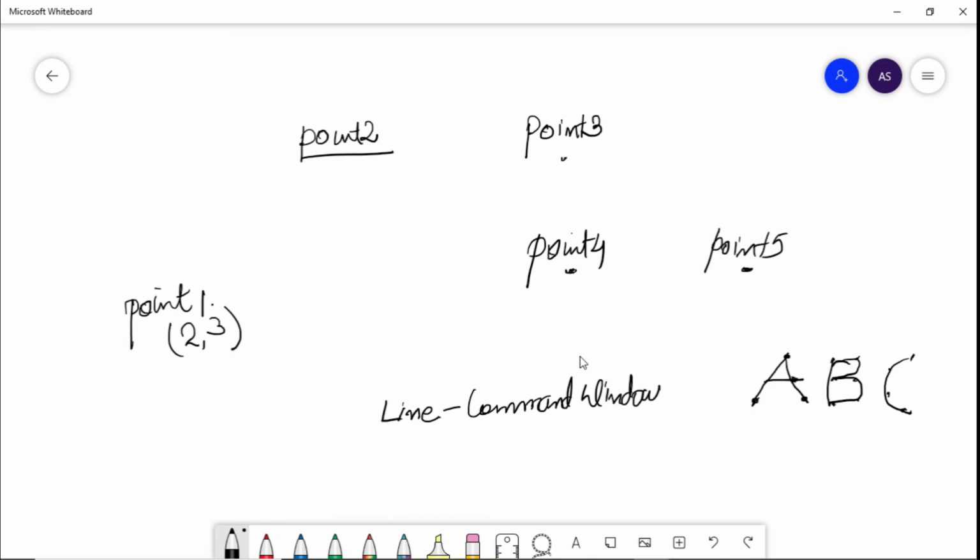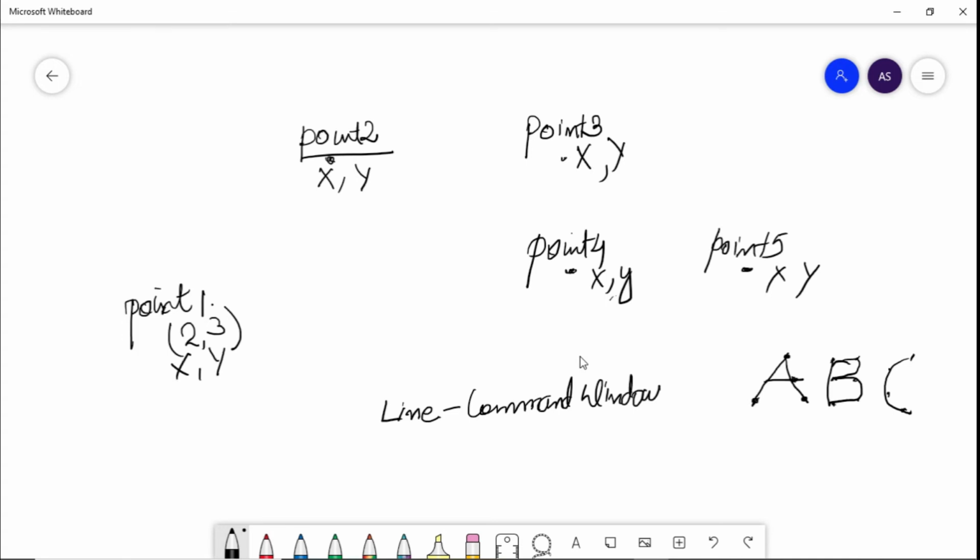So the position of the points are in the form of x and y, x and y, x and y.